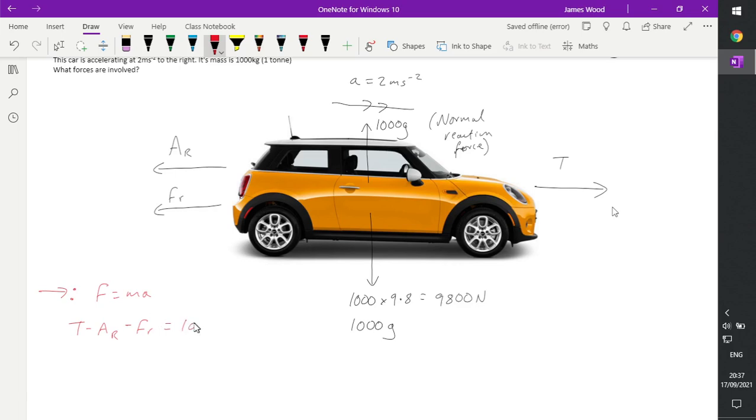So that would be 1,000 times its acceleration to the right, which is 2 meters per second squared. And for instance, if I was given T and I was given the friction, I could work out air resistance and other combinations like that. But that would be the starting point for writing an equation. And this is what we call resolving forces, is considering the forces in a particular direction and either adding them or subtracting them, depending on what they're doing.